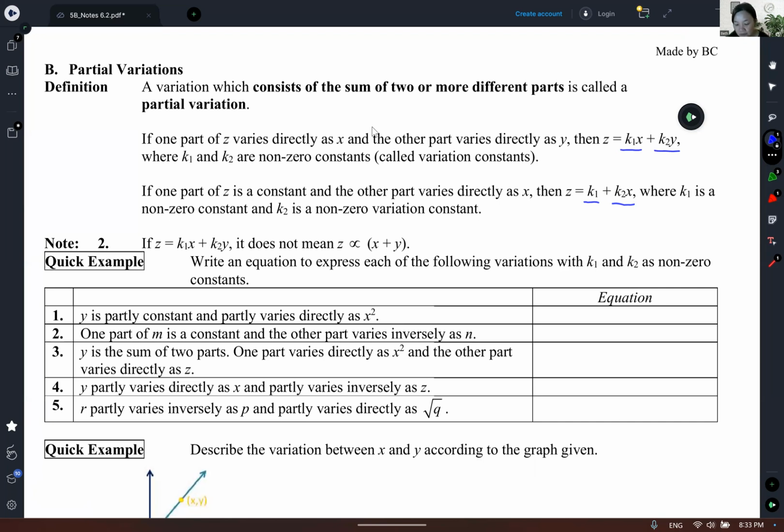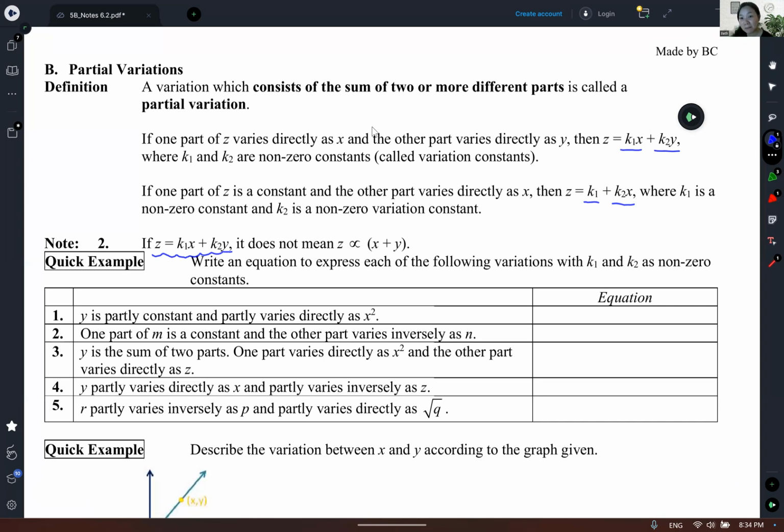Note, this partial variation, where we say that Z varies partly as X and partly as Y, does not mean Z varies directly as X plus Y, because in the formula you cannot see X plus Y. Do you know what I mean?